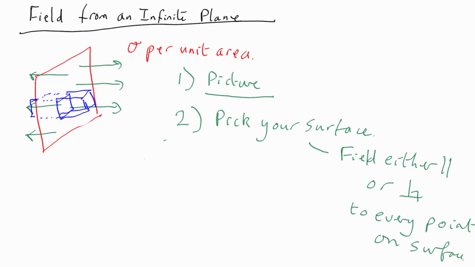Now what we know is that the surface integral over that surface, which is the electric field for each part of it, dot the normal vector times the unit of area, is going to be equal to the sum of the charges inside. And we know the charge is sigma per unit area, so that's just going to be sigma times the area, being this area here, or equivalently that area there, over epsilon naught.